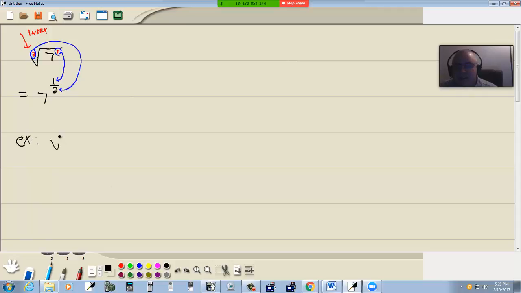If I had the cube root of 5 to the 5. Well, remember, if I were to put a power here, it would be 1. So I could rewrite this. This would be 5 to the 1/3 power. Again, whatever power is right here goes up on top. Whatever number's in your slot here, that's your index, goes down below.